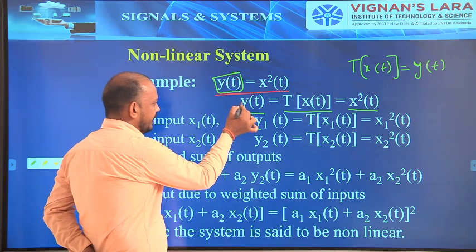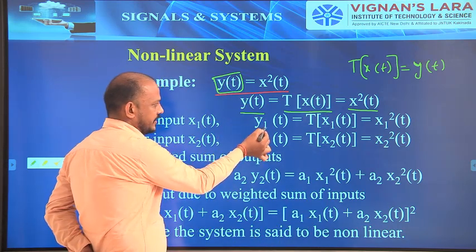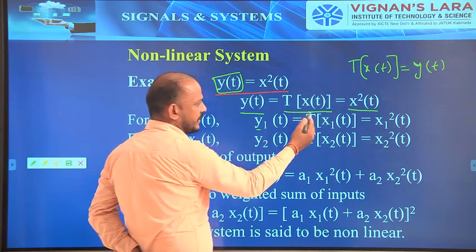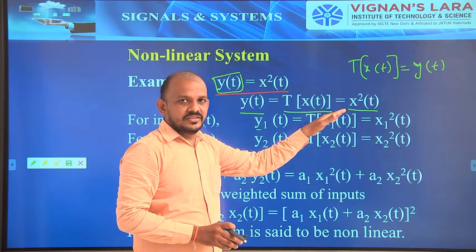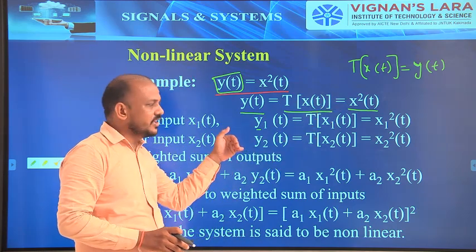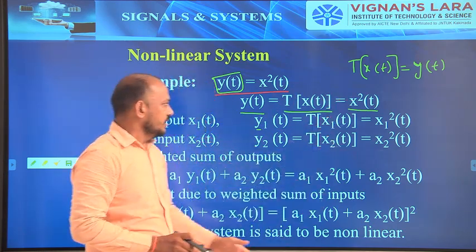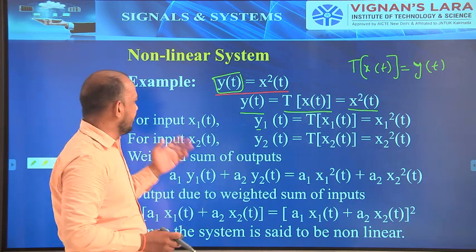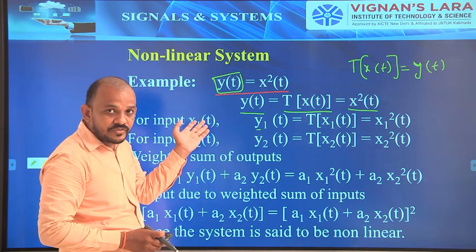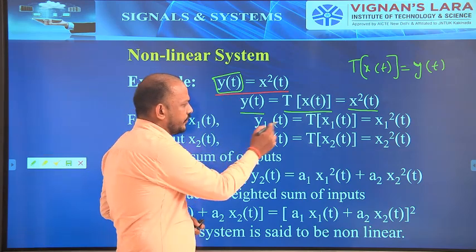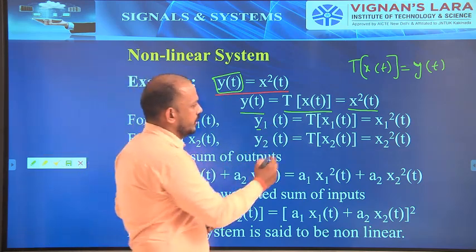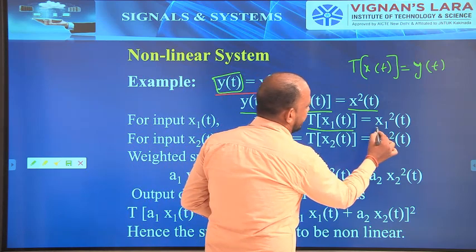Simple. In place of y, I replace it with y1, and in place of x, I replace it with x1, because this is the system for input signal x of t and output signal y of t. So for the same system, I am taking the input as x1 of t, and for that the output will be y1 of t, equal to the transformed version of x1 of t, which is x1 square of t.